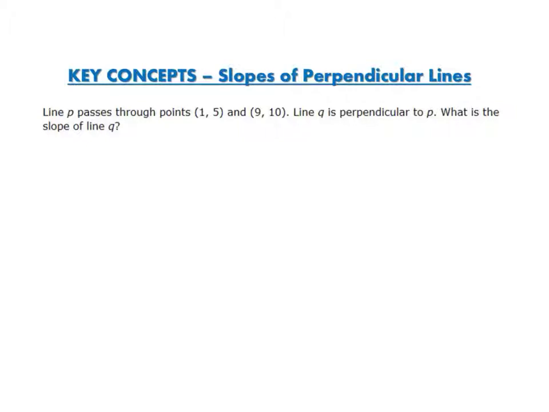Well, let's find the slope of line P and then invert and make it the opposite sign to find the slope of a perpendicular line. So let's start with our y values. We're going to do 10 minus 5 and 9 minus 1.